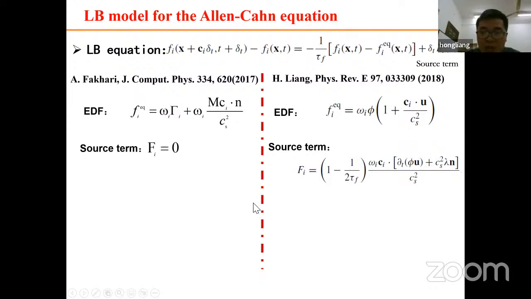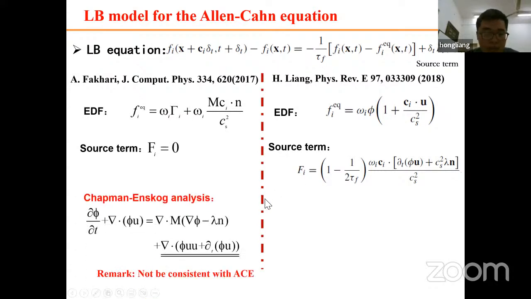Now we give another Lattice-Boltzmann equation. We define the equilibrium distribution function as this one, and also define the source term as this one. Now we apply the Chapman-Enskog analysis.